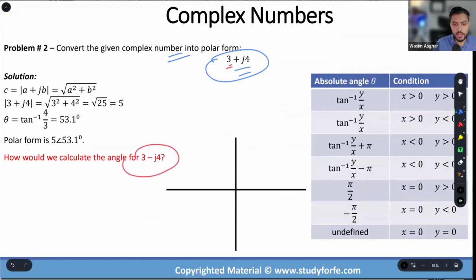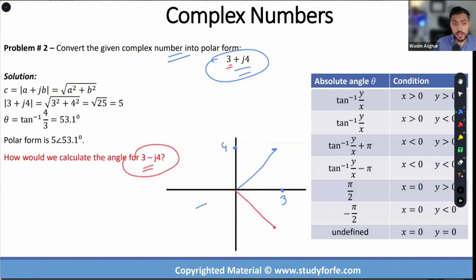How do things change? If you put this on a Cartesian coordinate, let's say this is 3 and this is 4. You're looking at something that is resulting in a line that has this type of slope or presence. But if I look at 3 minus j4, so 3 is positive, but j is negative, then you're looking at 3 minus j4 over here. Is there any adjustment that is required? Potentially.